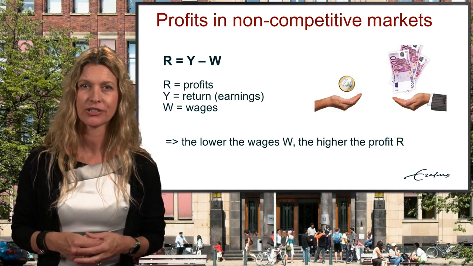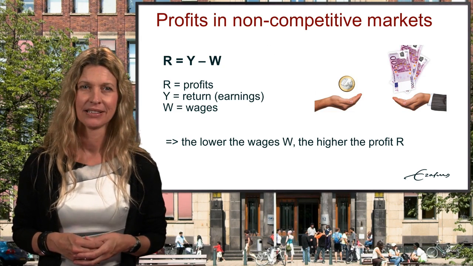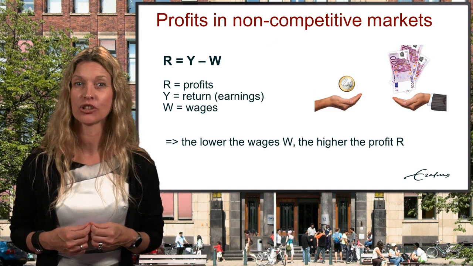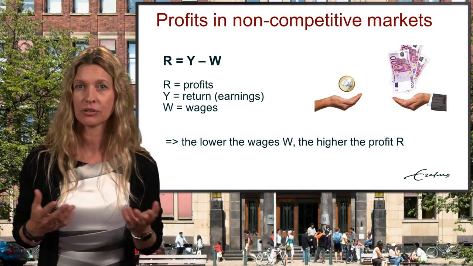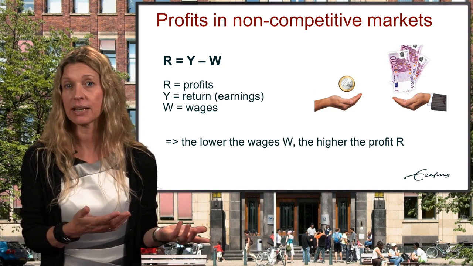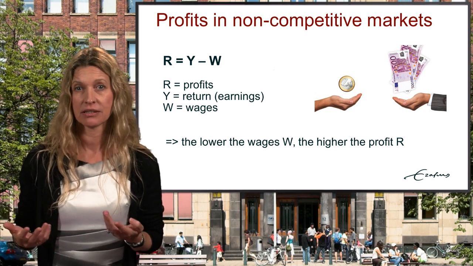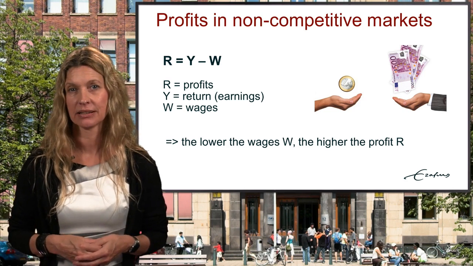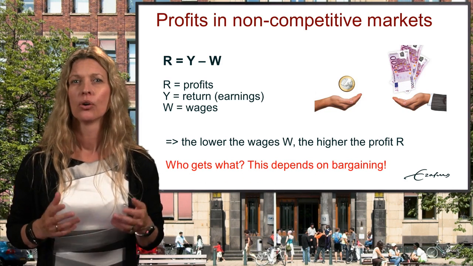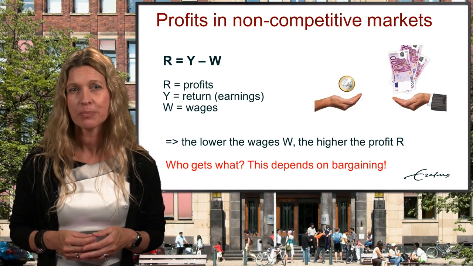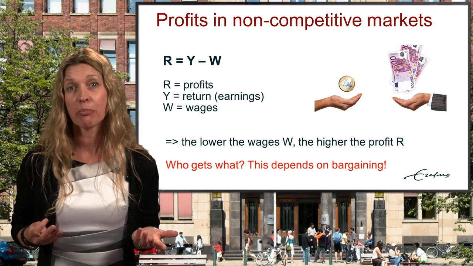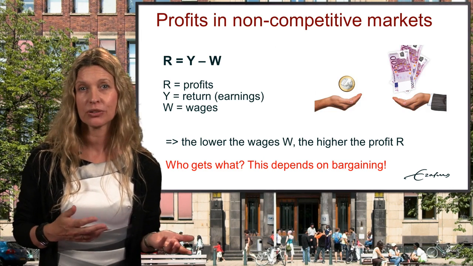The lower the wage, the higher the profit rate. This nicely illustrates the conflict between capital and labor. The more the one gets, the less the other gets in a capitalist economy. Who gets what then depends on the relative bargaining power between capital and labor.